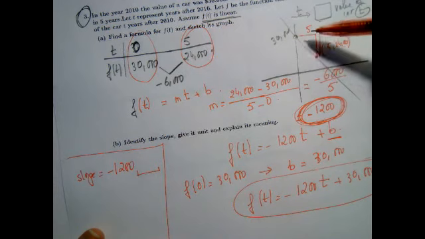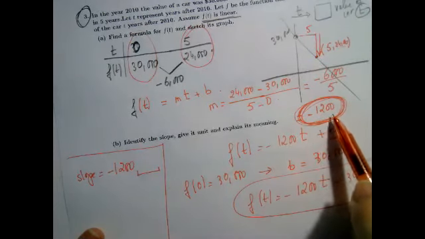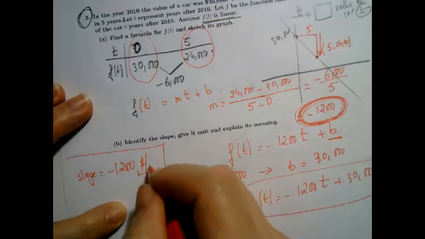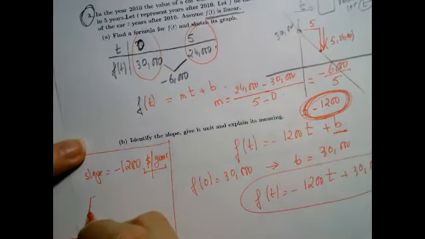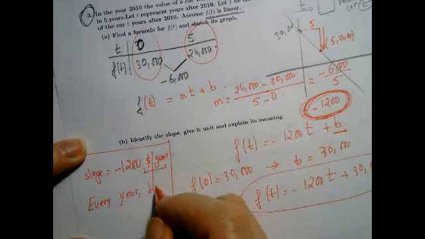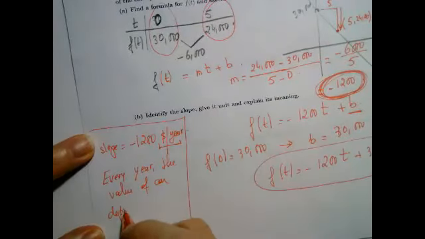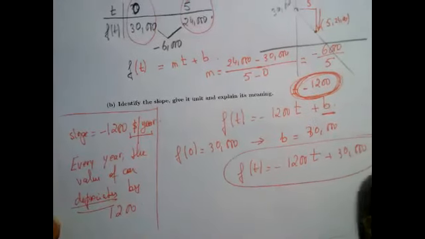It means it goes down by the same amount every year. So if the slope is minus 1,200, it means minus $1,200 per year. It means every year the value of the car depreciates by 1,200. That's really what the slope tells me.